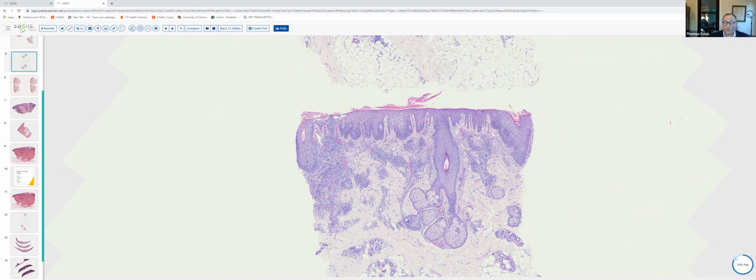Once again, the clinical history and the accompanying images supported the diagnosis of allergic contact dermatitis. And so we have in this instance, subacute allergic contact dermatitis.